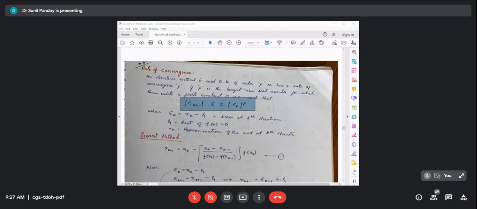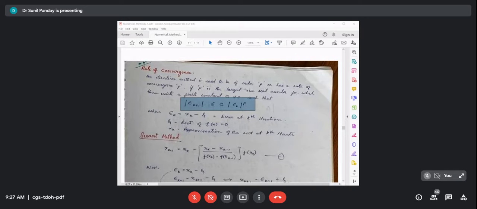Now suppose I have a method of order 8, so p equals 8, and epsilon 1, the error in the first step, is 10 raised to power minus 2. Then epsilon 2, the error in the second step, is 10 raised to power minus 16.